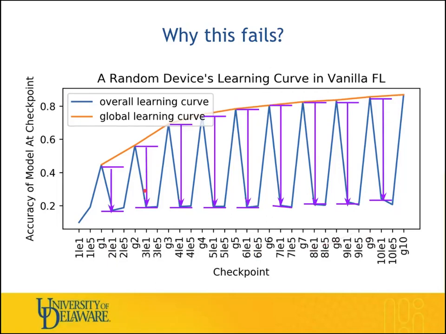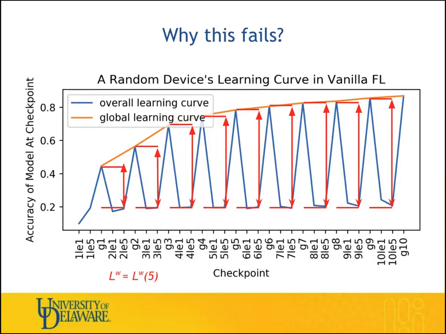So one obvious peculiarity shown by this figure is that, counterintuitively, even for a legitimate learning device, there is always a sharp accuracy drop when the device starts to perform the local model update, even for only 1 epoch. And these purple arrows describe such an accuracy drop with their drop range.